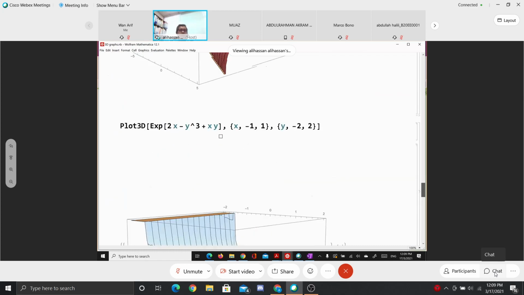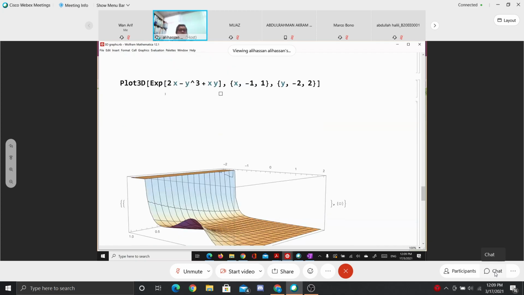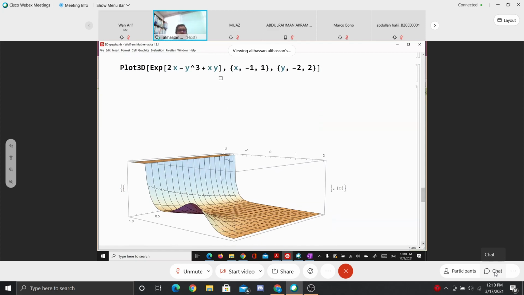So this is another example of a surface. Sometimes it's not easy to sketch a 3D graph for some complicated equations. Maybe we have to use a computer. For example, here this is z equal to e to the power of 2x minus y squared plus xy. It's not easy. And here I have applied Mathematica to generate this graph shown below.